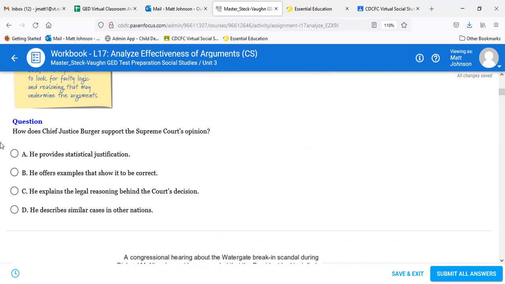B, he offers examples that show it will be correct. C, he explains the legal reasoning behind the court's decision. And D, he describes similar cases in other nations. It's C, right? He basically reasons through the legal idea.